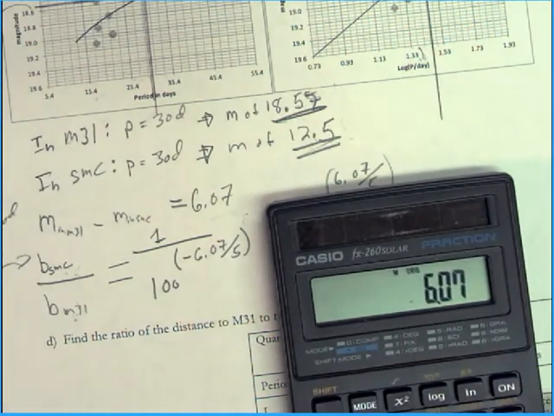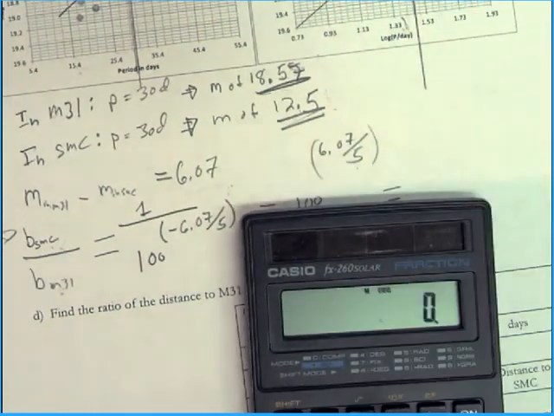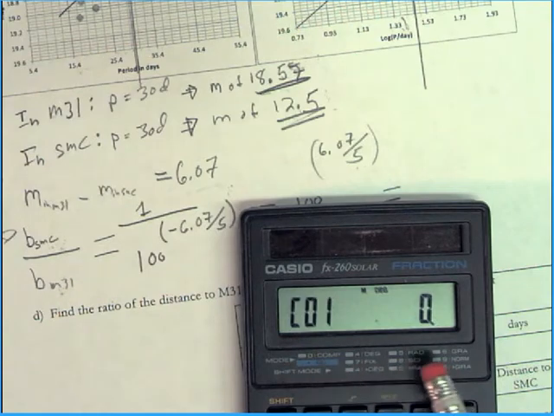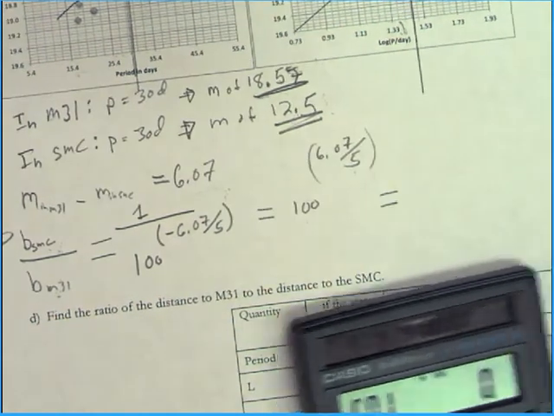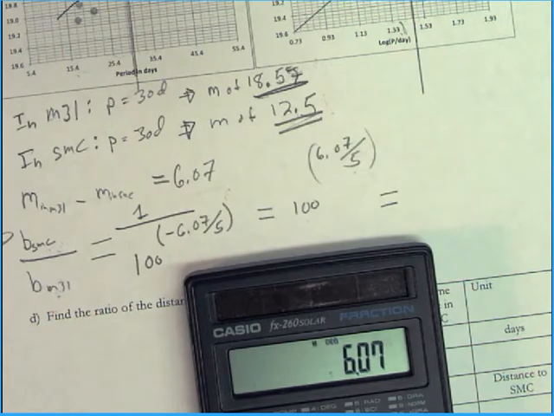So what we're going to do is I'm going to clear this out. I'm going to say 100 x to the y, open parentheses. If you don't put parentheses in, it's going to mess you up in terms of order of operations. So 6.07 divided by 5, close parentheses, 1.214.